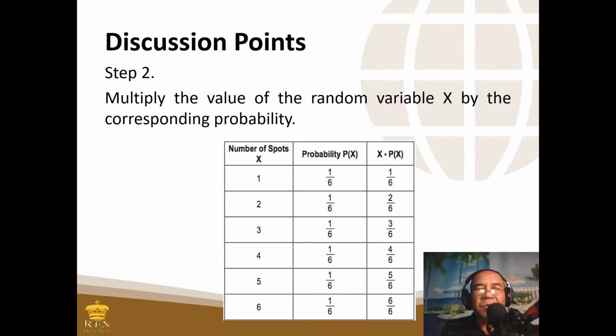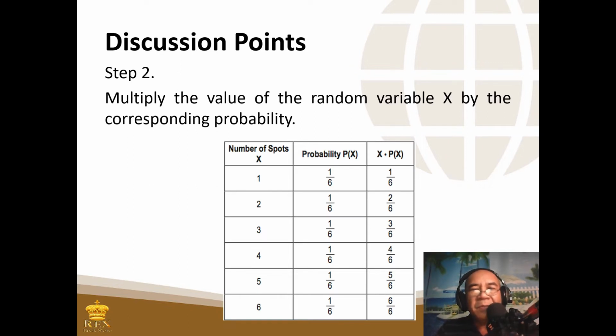So step number 2, multiply the value of the random variable x by the corresponding probability. So we have 1 spot, and the probability of this spot is 1 over 6.